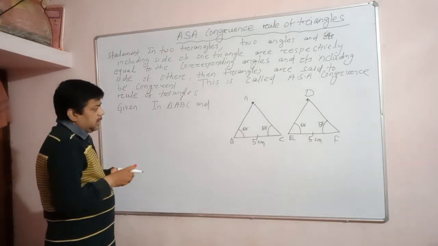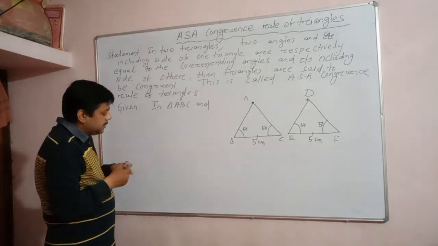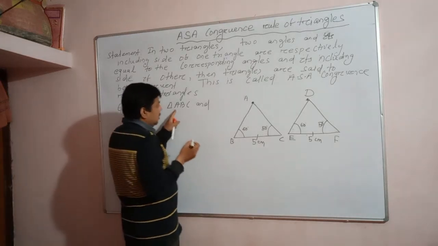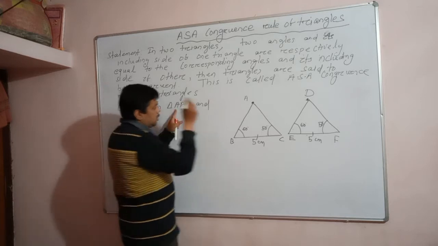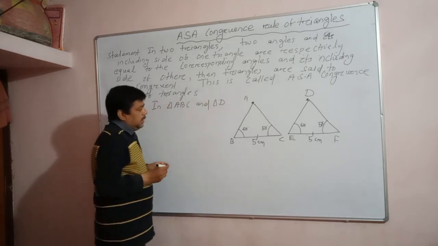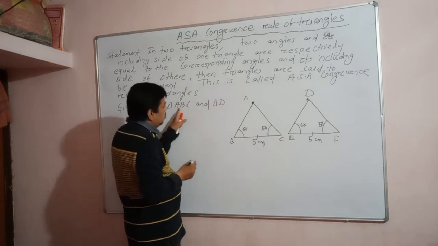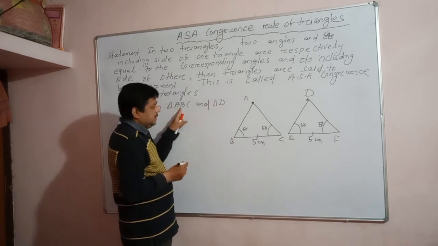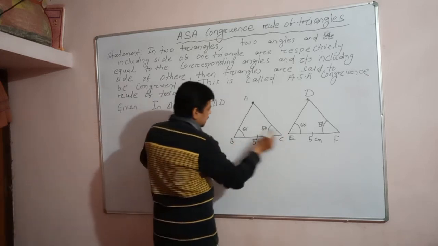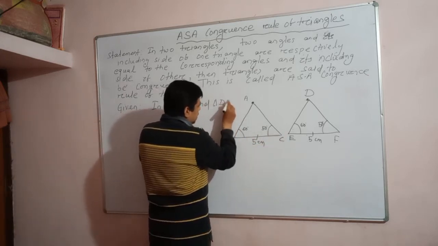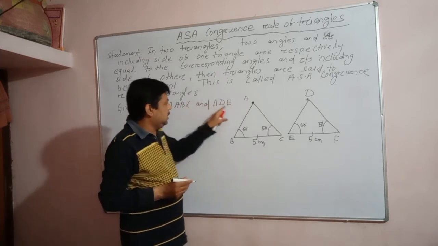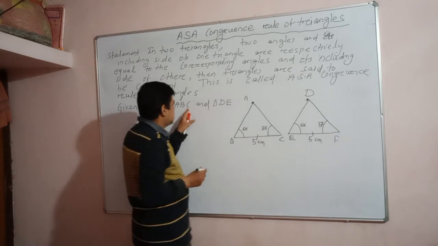The corresponding part of A is D. Right? A is the vertex, its corresponding vertex is D. Again, B, what is the corresponding vertex of B? It is E. The corresponding vertex of B is E and the corresponding vertex of C is F.